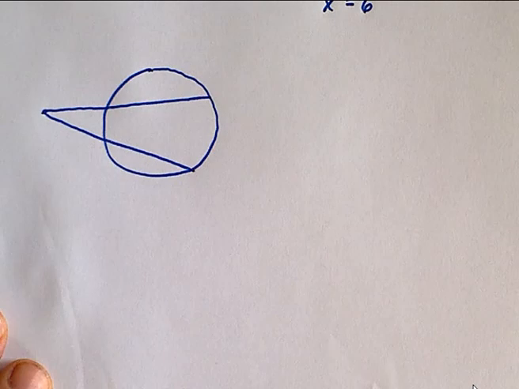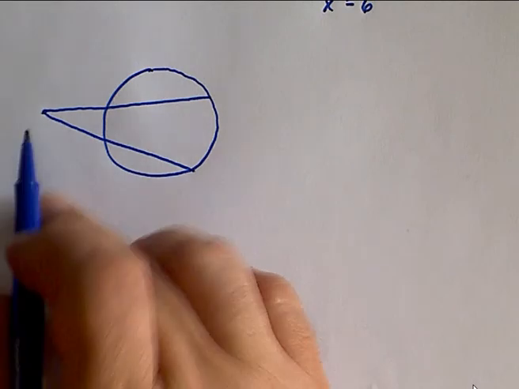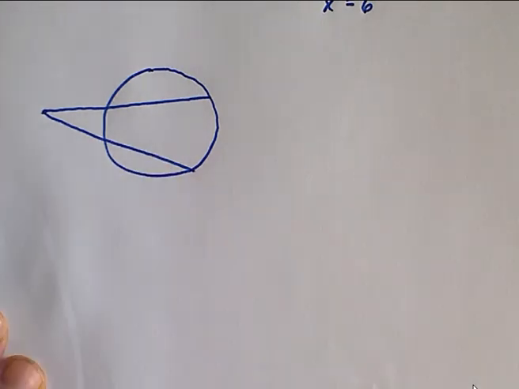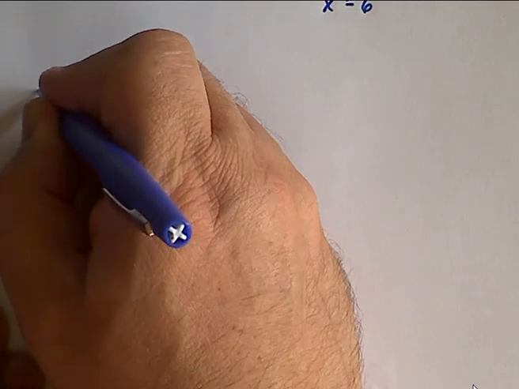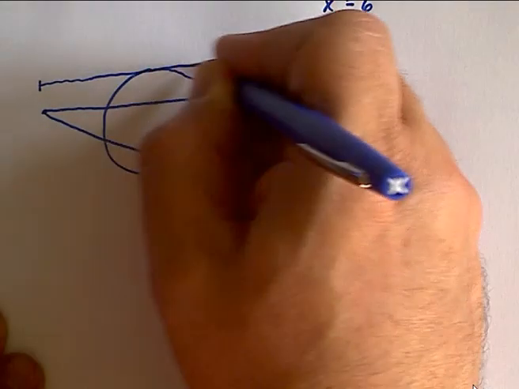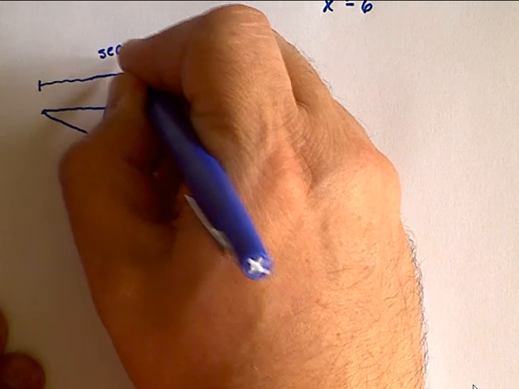And again, I don't care about the angles and arcs. This time I'm looking at these pieces of segments here. Now, we have 2 pieces here. The secant segment is the whole thing from here to here. Here is secant segment 1.